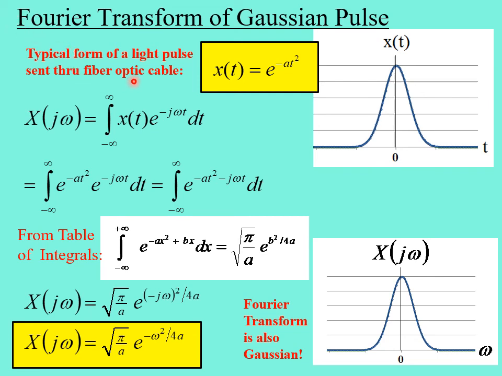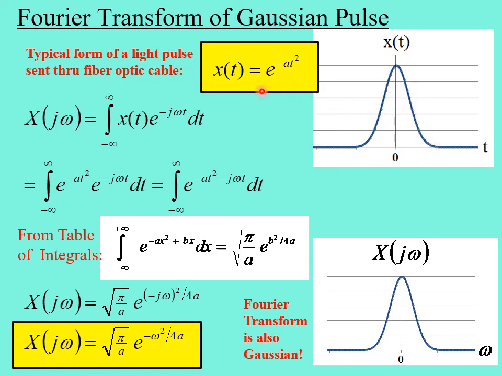A light pulse sent through a fiber optic cable is not really an ideal pulse with sharp edges and everything. It looks sort of like a Gaussian function like this. So this could be the model of a pulse that occurs on a fiber at any given point. As that pulse goes by, it might trace out a shape like this.